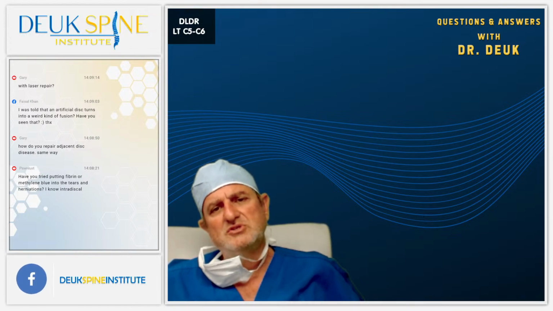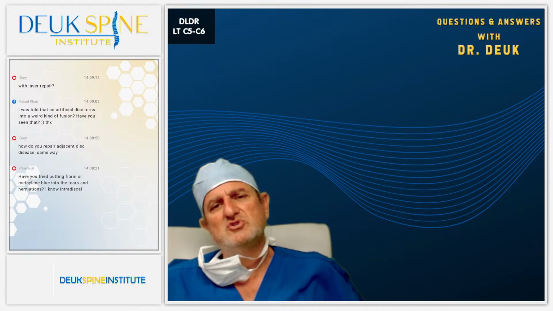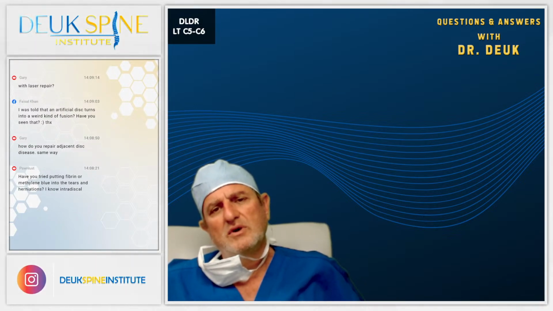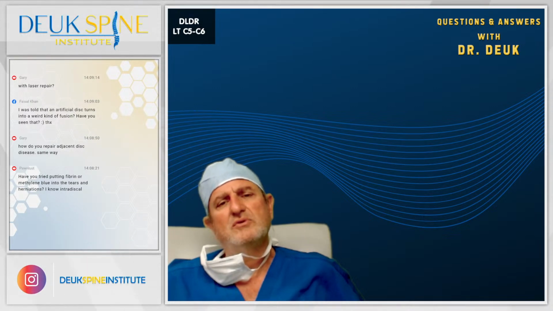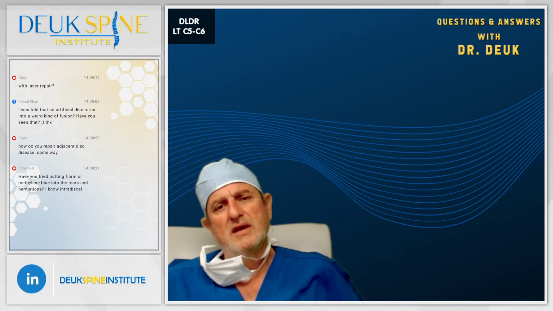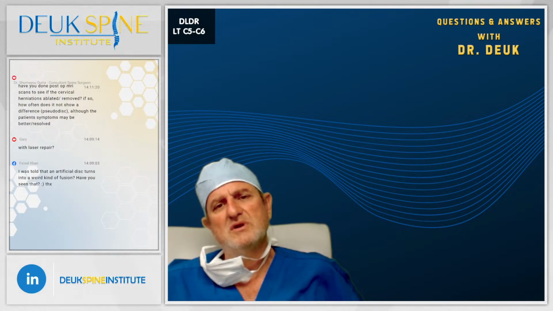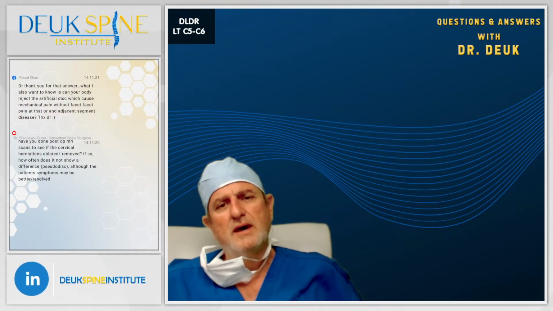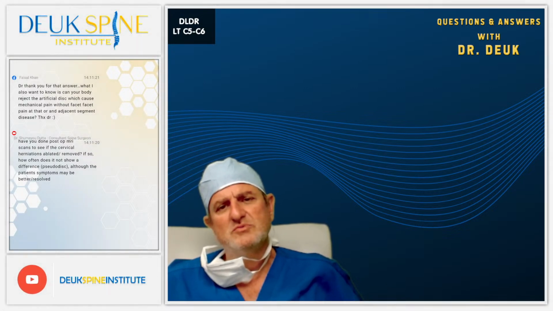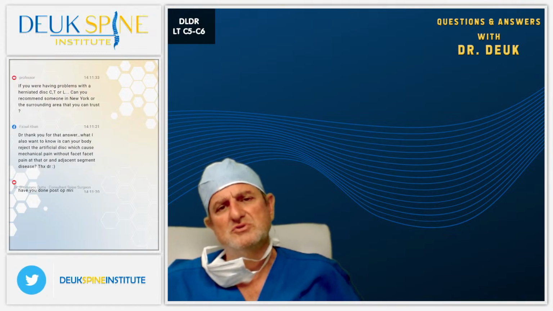So complications are important. The next criteria is recovery. What surgery has the fastest recovery? What spine surgery has the fastest recovery? Duke laser disc repair and Duke plasma rhizotomy have the fastest recovery. Now, rhizotomy, RFA, has a fast recovery too, just like Duke plasma rhizotomy, but it doesn't work or it doesn't last. So that's why it's not a good procedure, okay?